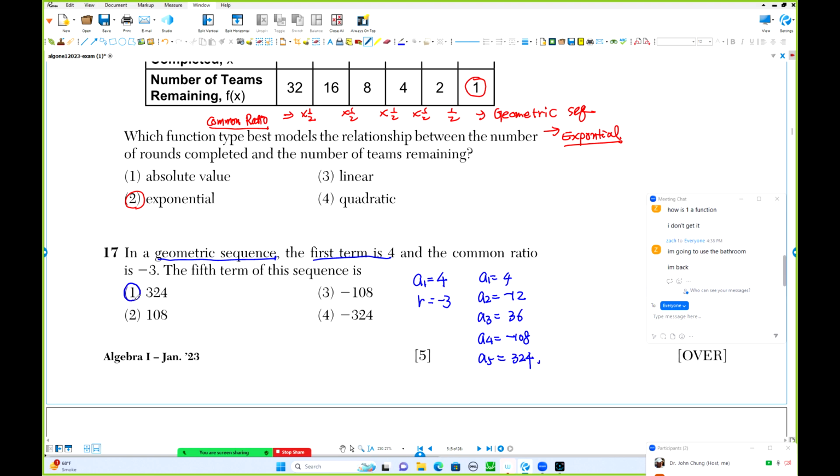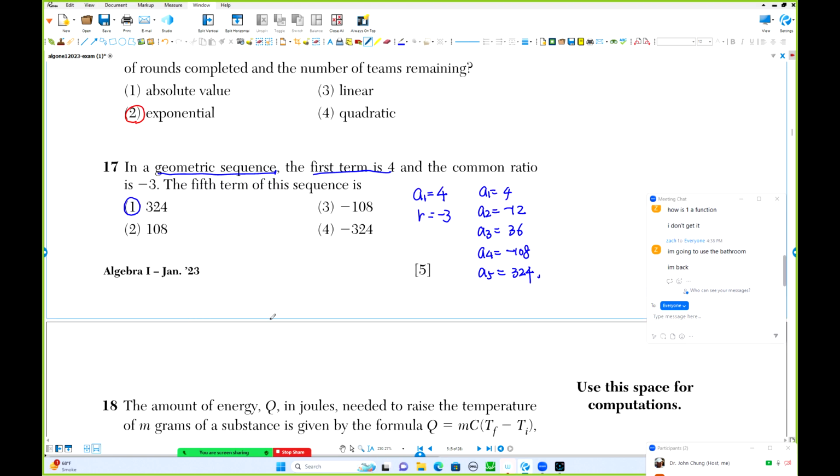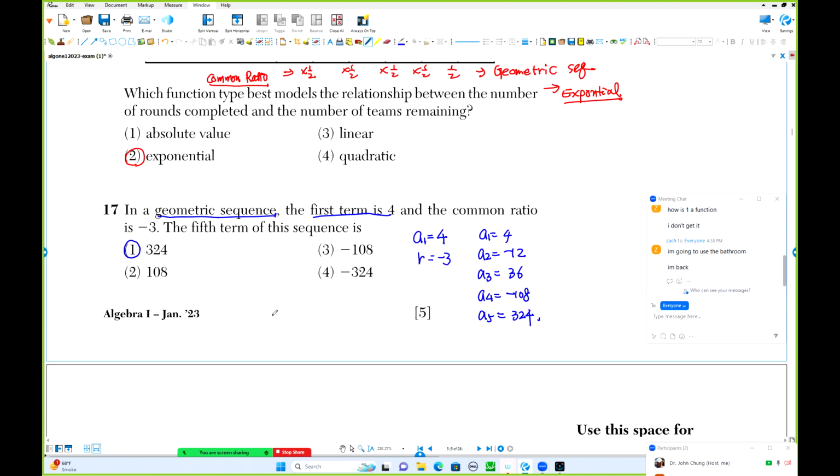That's the fifth term. Or you can use the explicit formula we said. The nth term is the first term times r to the n minus 1. You better use this one if they're asking not the 5th term but the 10th or 15th term, larger numbers of terms.